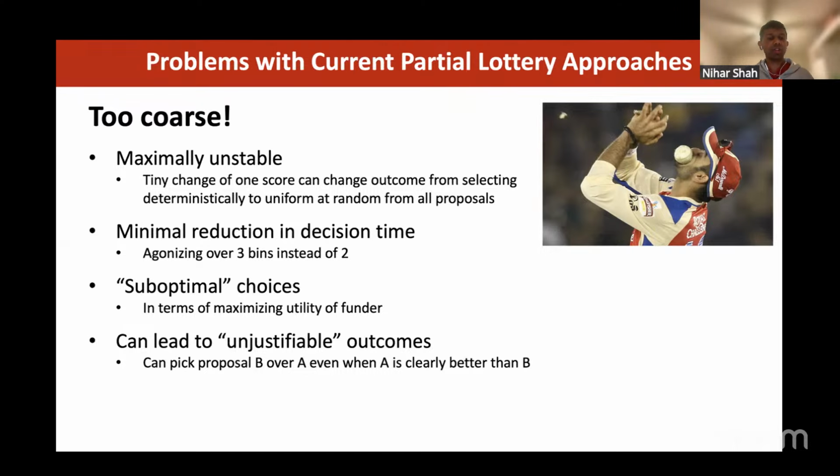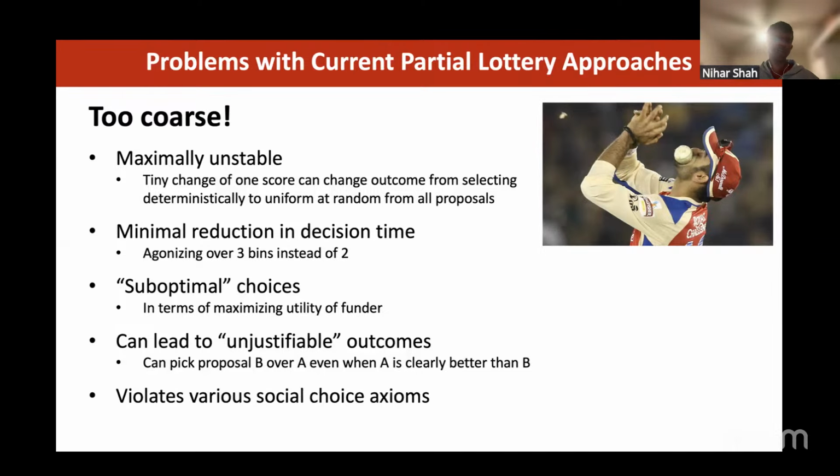Egregiously, it can also lead to unjustifiable outcomes. For example, even if there is a proposal A whose entire confidence interval is higher than the confidence interval of proposal B, still it can pick proposal B and reject proposal A.